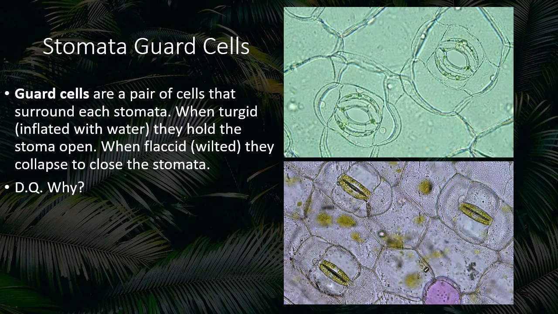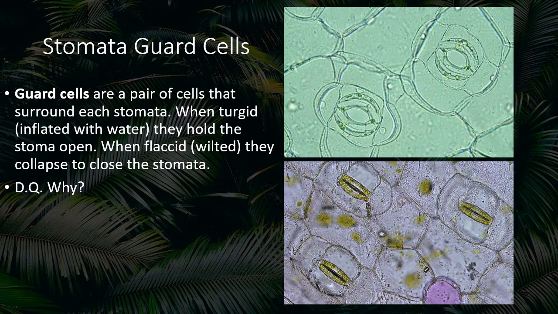A plant that is water stressed does not want to be losing water vapor through the surface of the leaf just in order to have a breathing pore open to get some carbon dioxide into the leaf. It's more important that the cells not desiccate and dry out and die than that we have optimal photosynthesis occurring.